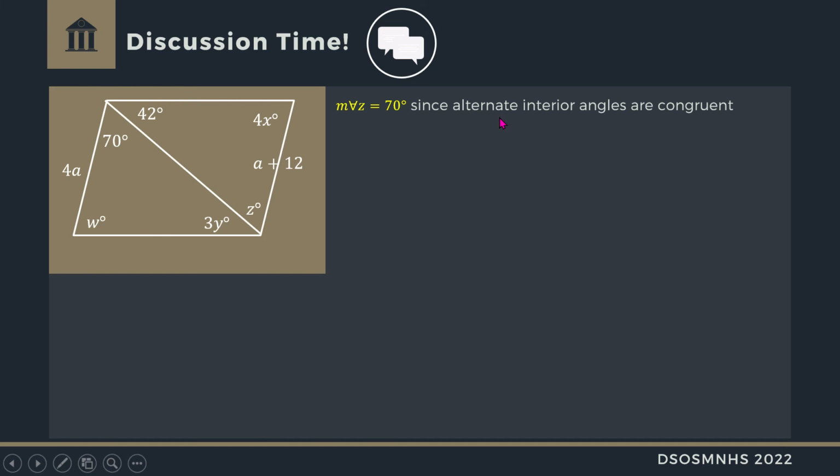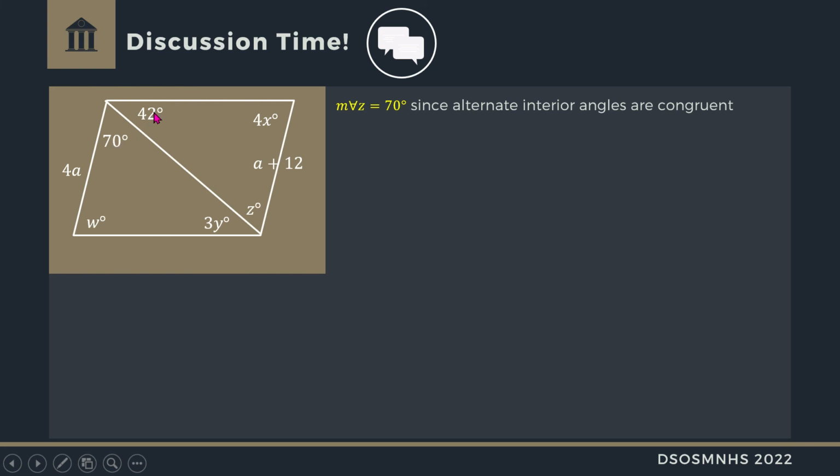Since alternate interior angles are congruent, therefore, asa man ang kapareha sa angle Z? Alternate interior angles. Yang katbang sa angle Z is on the upper left, kaning 70. Sakto? So, ang angle Z or Z degrees, ikapareha 70 degrees.